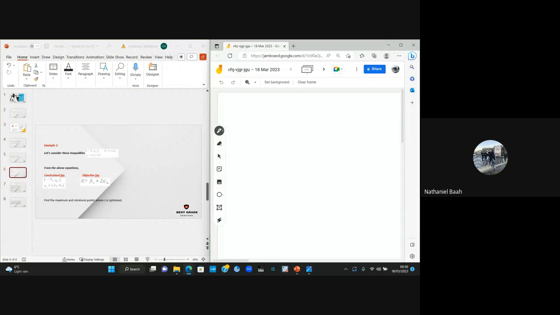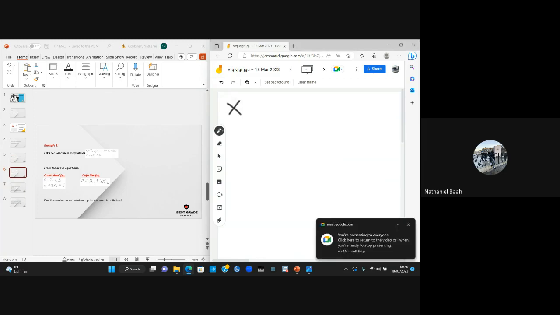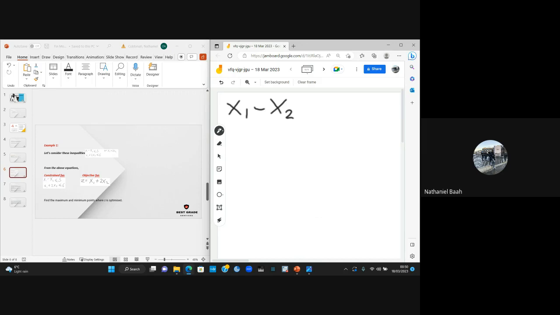So I'm going to write all our functions here. So say from the question above, we're given x1 minus x2 should be less than or equal to 3. And this is our equation 1.